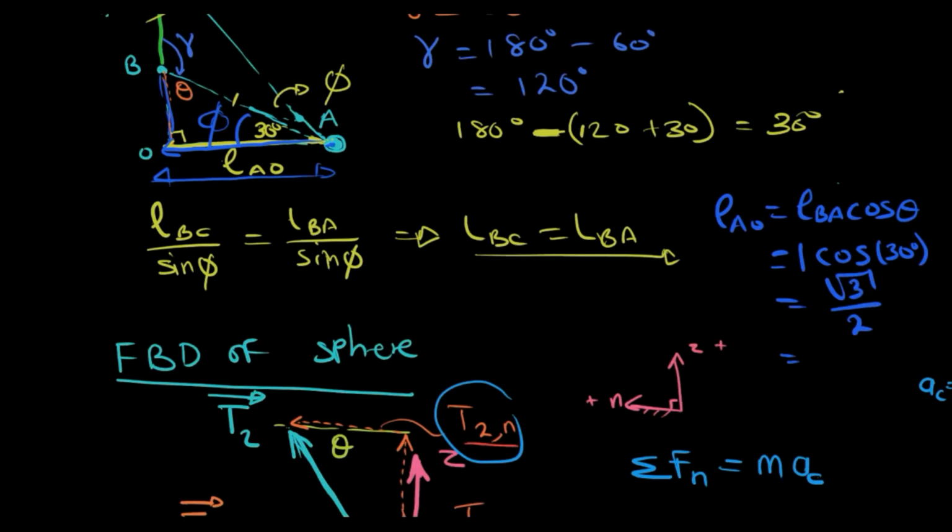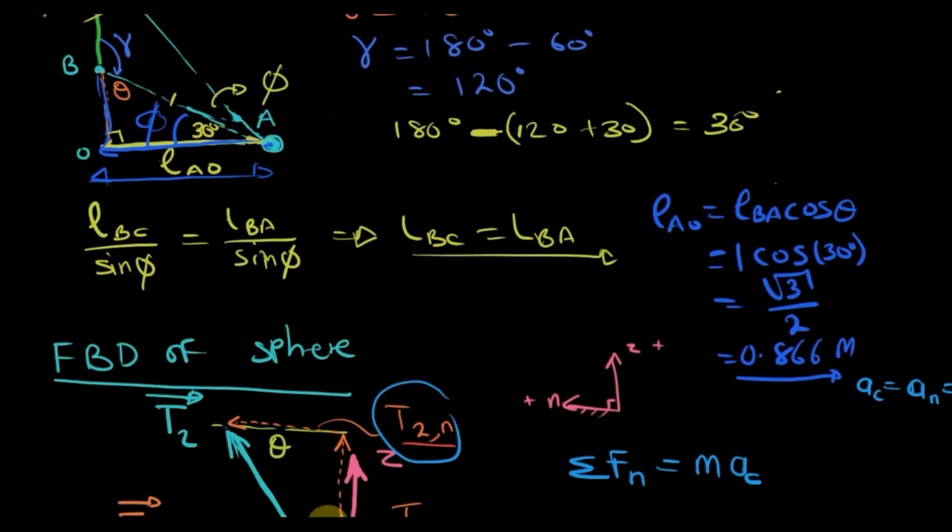Square root of 3 over 2, that is 0.8 something. Alright, 0.866. Alright, cool. So that's 0.866 meters.